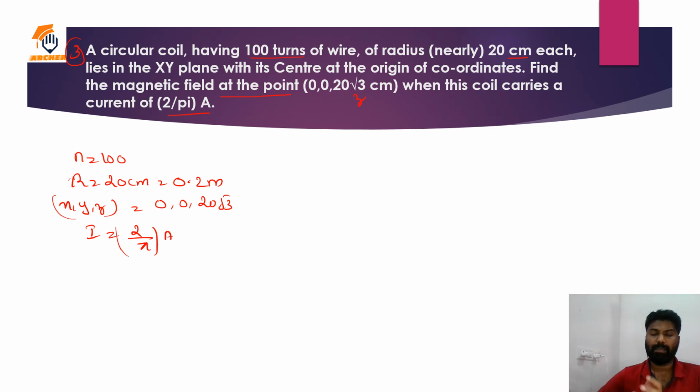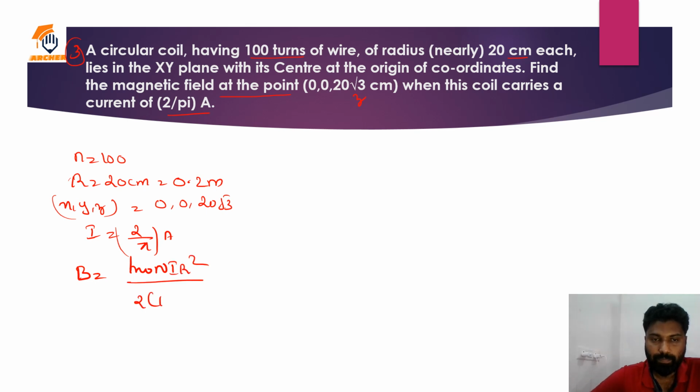So what is the magnetic field at the axial point? Already we derived, right? B = μ0 n I R² divided by 2(R² + x²)^(3/2). So we can substitute in this.